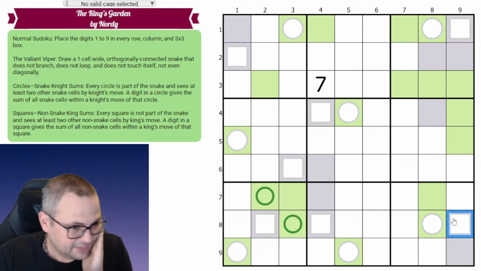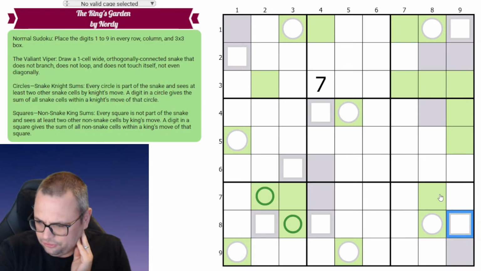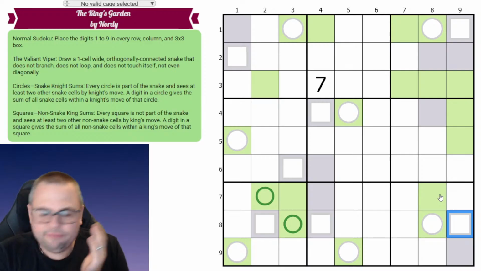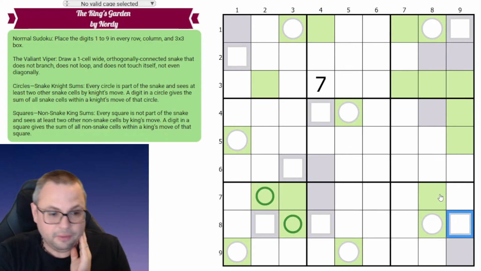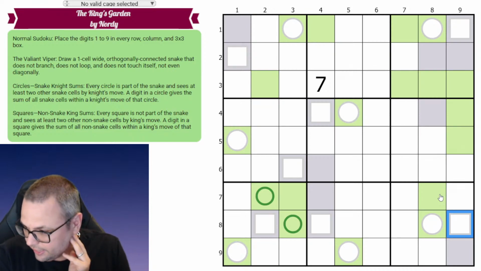Let's see. I think it might be the first puzzle I've ever set that has a true X-Wing as one of the steps, but I could be wrong. I definitely have a puzzle that has a true swordfish as one of the intended steps. So one could argue that swordfish is like a degenerate X-Wing or something.